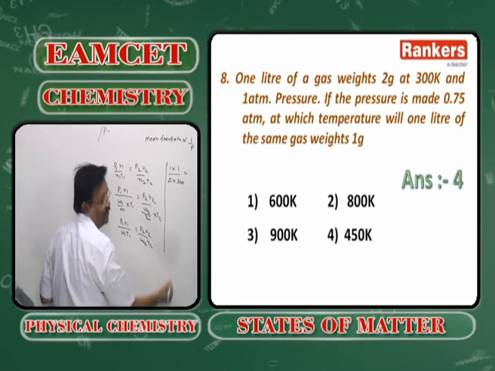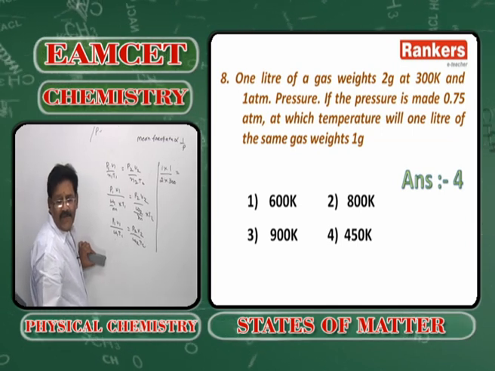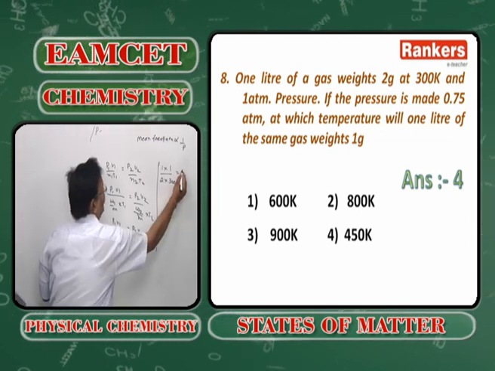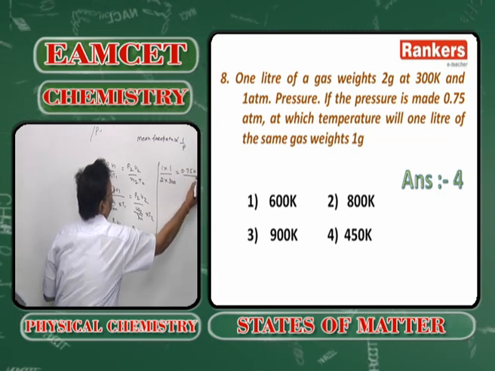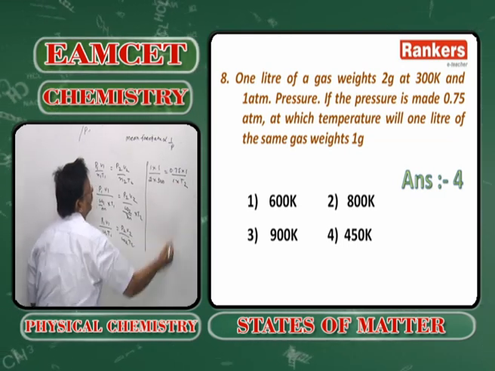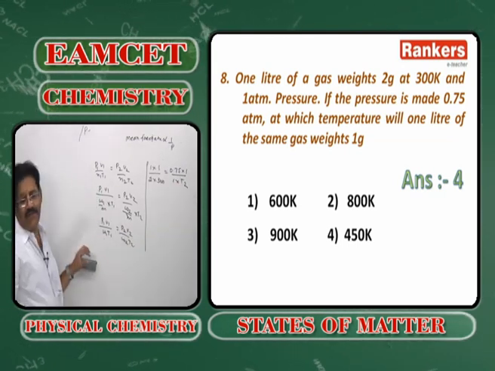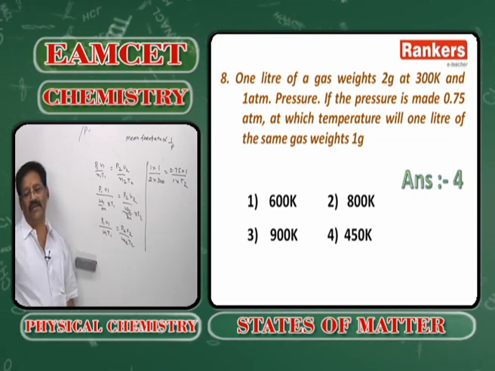And what is P2? The pressure is made 0.75, and the volume is 1 liter. What is the W2 value? 1 gram. We have to find T2. So solving, the T2 value will be 450 Kelvin.